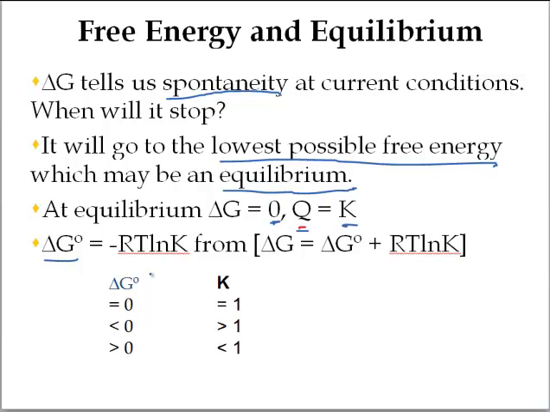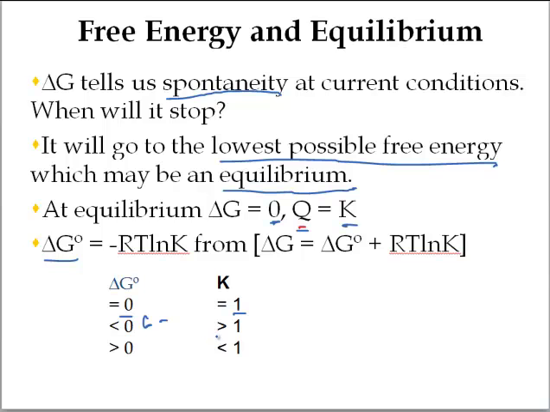So let's take a moment to look at this chart. As I already mentioned, when the value for G is 0, you could say that K equals 1, but essentially that's the equilibrium. When the value for G is less than 0, the K is greater than 1. What does that mean? If it's less than 0, we know that G has a negative value, and we know that's a spontaneous reaction, and therefore it'll go.